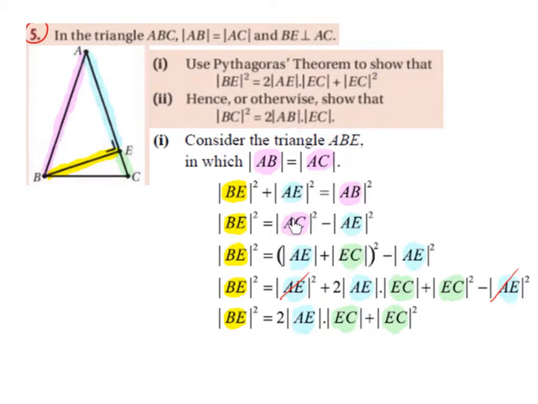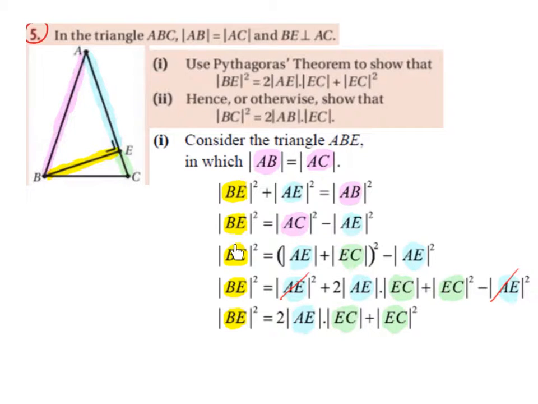Now we know that AC is actually AE plus EC. So AC is AE plus EC, and that's squared. Make sure you've got brackets around both of these.